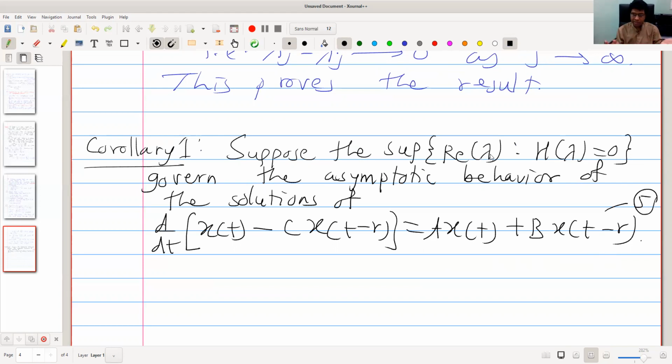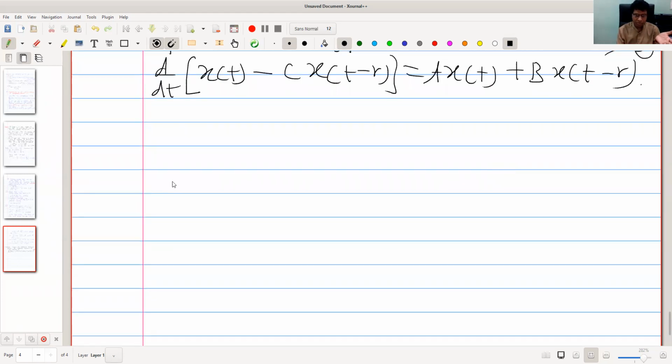If the real part is negative, then it will tend to 0 as t tends to infinity. It is not difficult to verify. If we call lambda to be u plus iv, then e raised to lambda t will be e raised to ut into e raised to ivt.